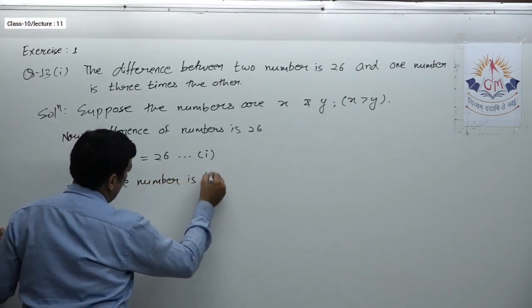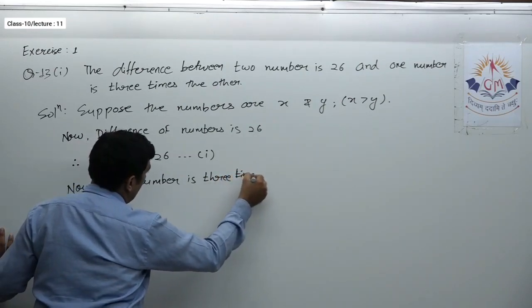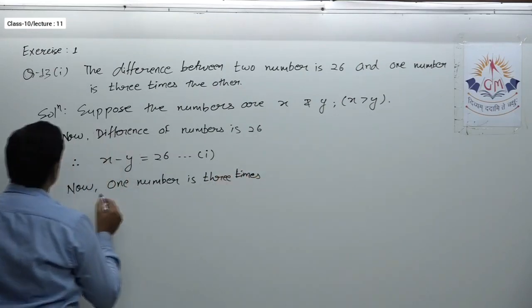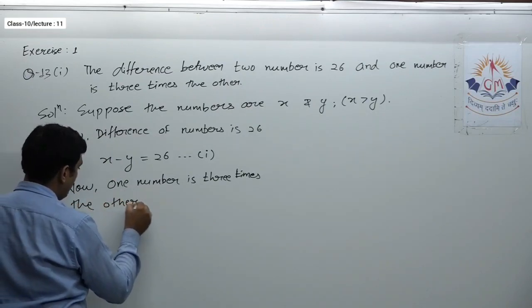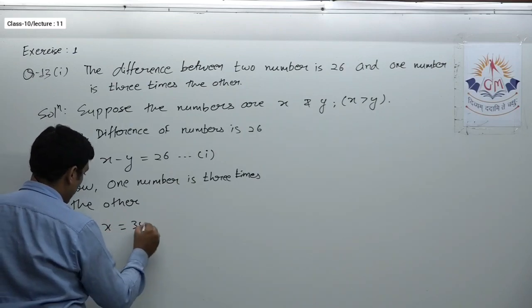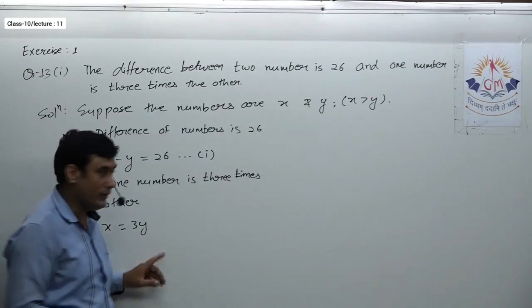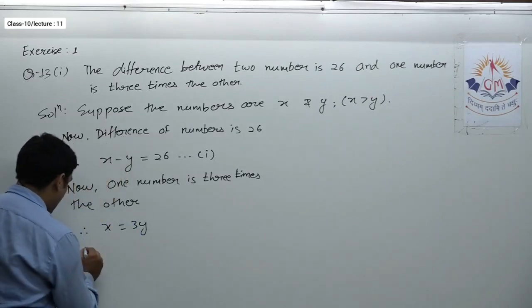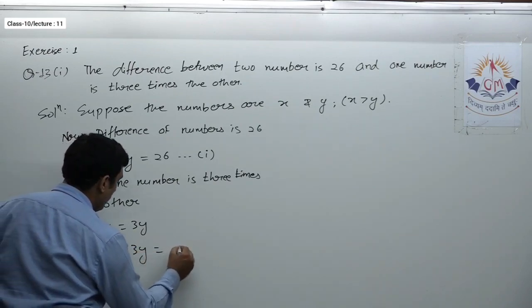Therefore I can write x is equal to 3y. The greater one is equal to 3 into the smaller one. And if I write this in equation form, I will get x minus 3y is equal to 0.